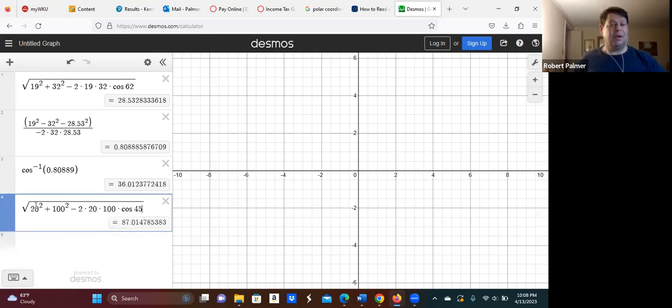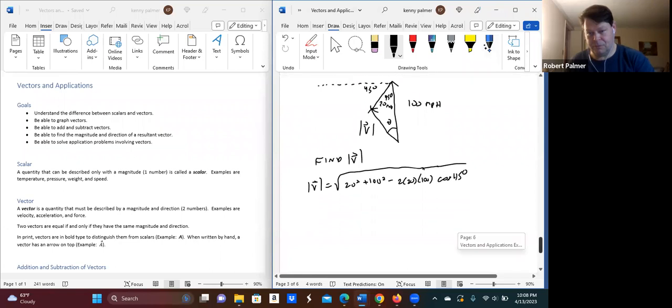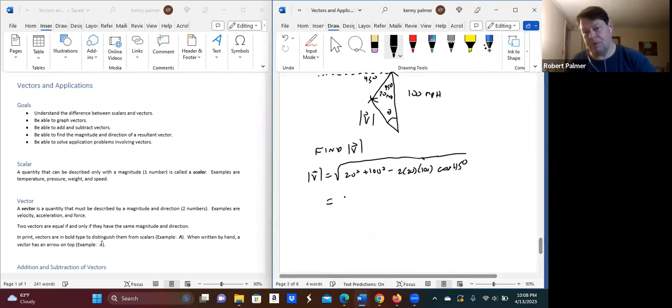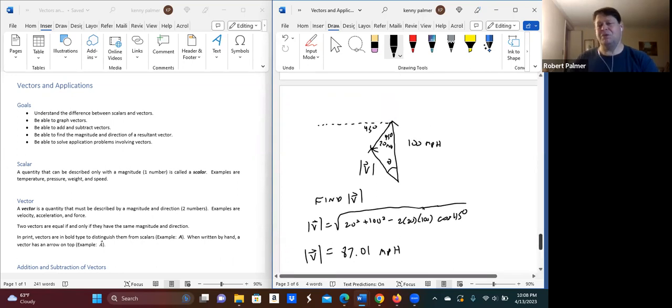I'm still in degree mode. And so that length is going to be 87. Let's do 2 places again: 87.01 miles per hour. Okay, so that's the magnitude of my new vector. We'll explain what that means in a minute.